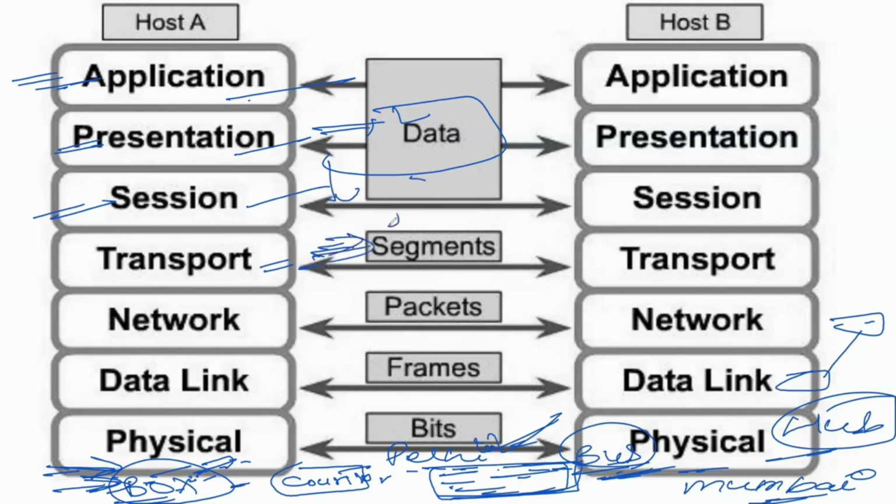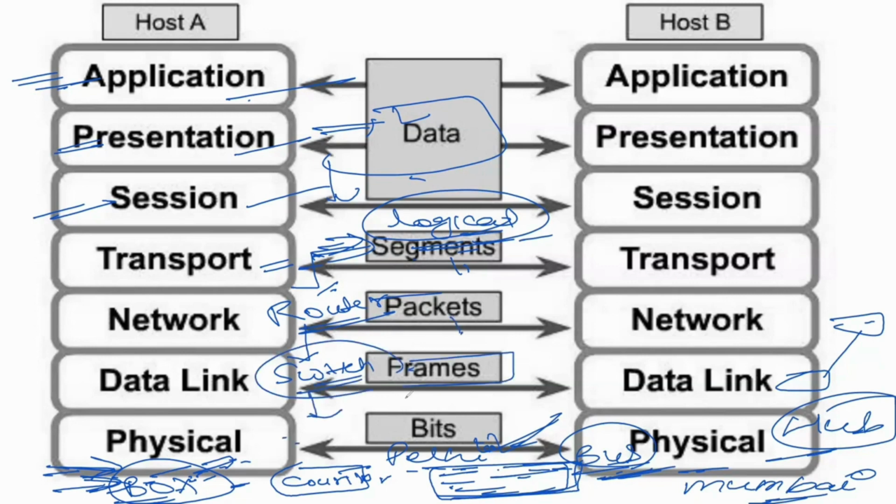A segment is a logical unit of the data, and then it is sent to the network layer. Network layer means router. This router converts these segments into packet format, and then sends them to the data link layer, meaning switch. The physical layer means cables or connectors.